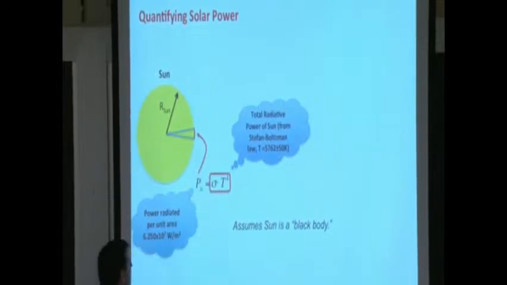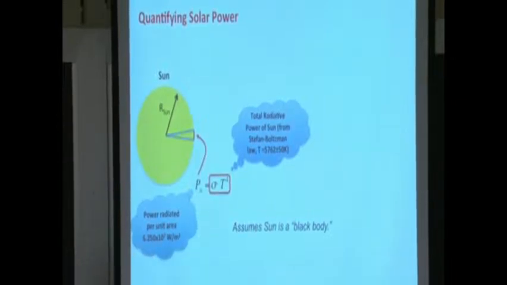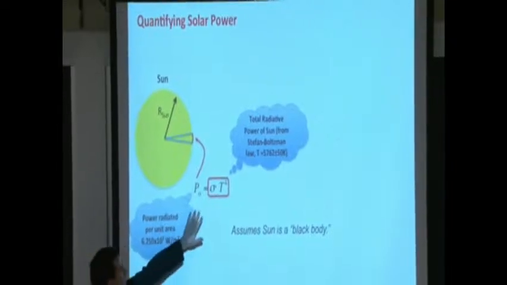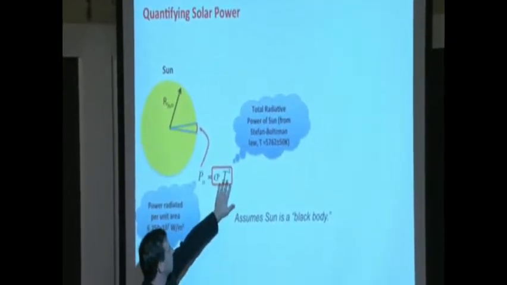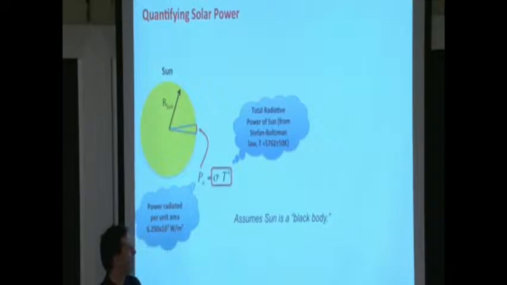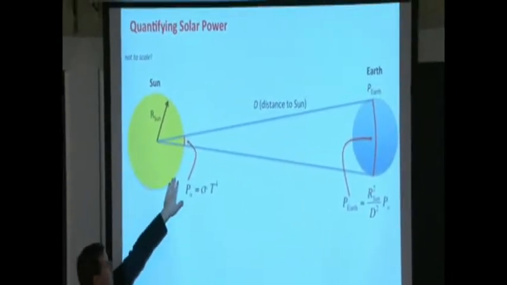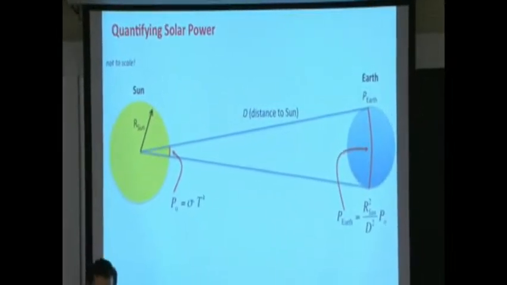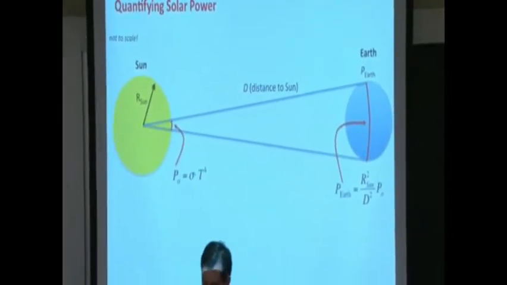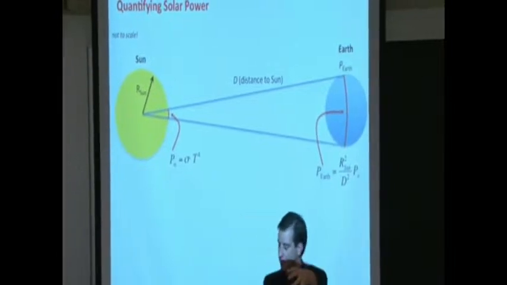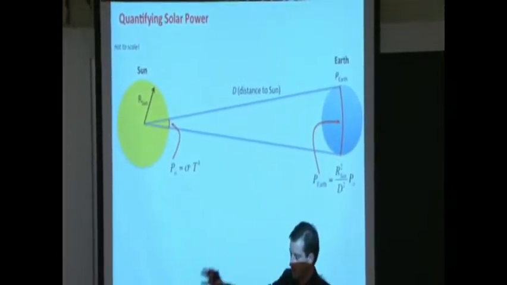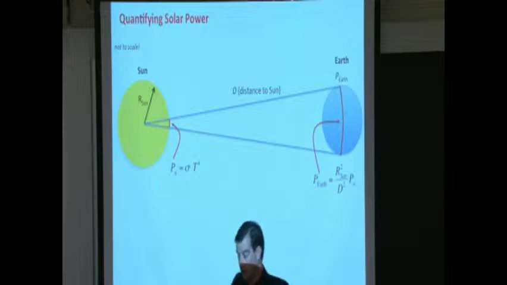And the total radiated power is given by Stefan Boltzmann's law here in the following way, where we have temperature to the fourth, and the temperature is somewhere around 6,000 Kelvin. And so we have this power being radiated out at the surface of the sun, and then as it travels outward, it becomes, you could say, diluted in effect, because the total surface area of that sphere is increasing, obviously as r squared.